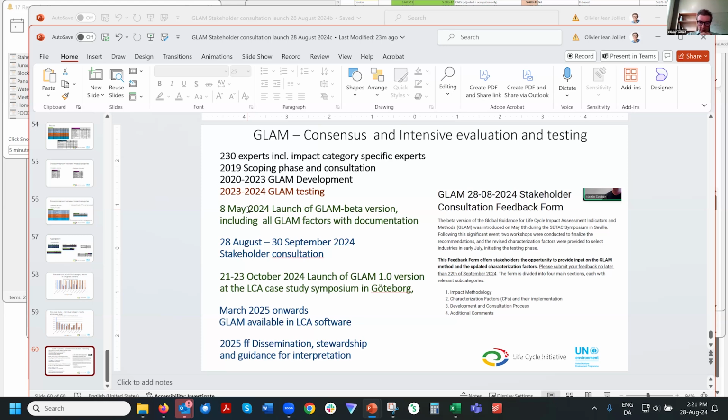Now, stewardship, I would say. First, we will do some capacity building, I think that's to be organized in 2025. I expect that when it's available in LCA software, we'll also get a lot of feedback, and we might perhaps reopen a small feedback form to do that.